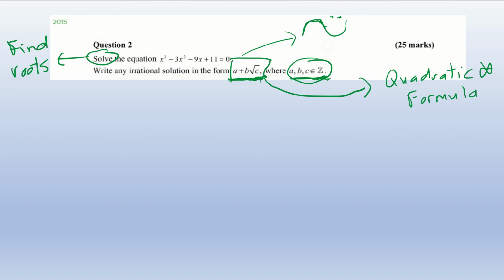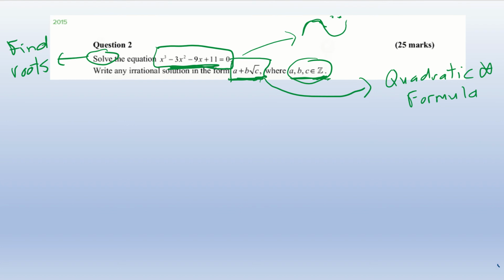Before we do that, the first step that you're going to do in order to solve this equation here is to try and find a value for x that works for that equation. So basically what you're going to be doing is substituting numbers into that equation until you find one that makes sense.